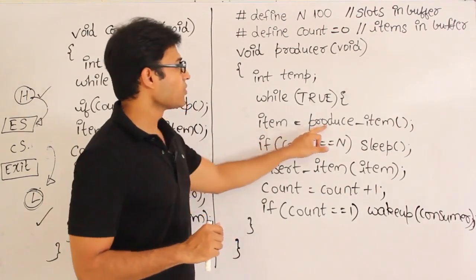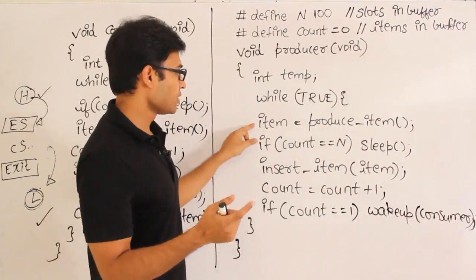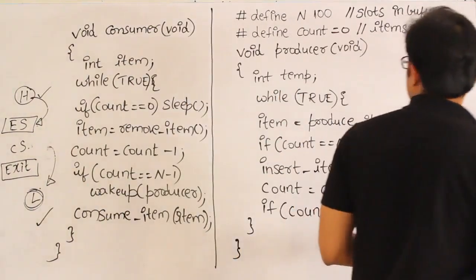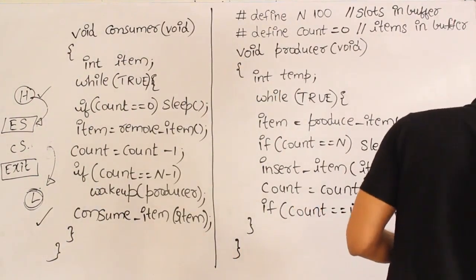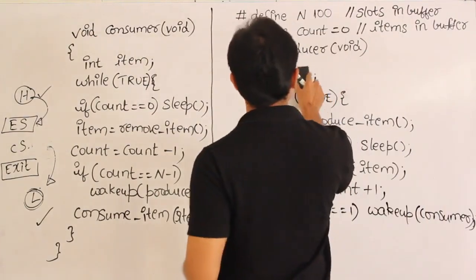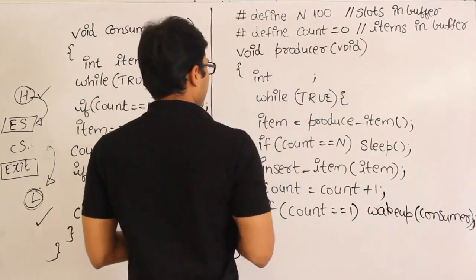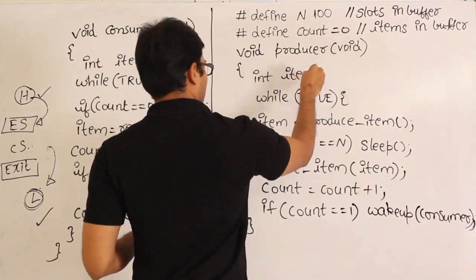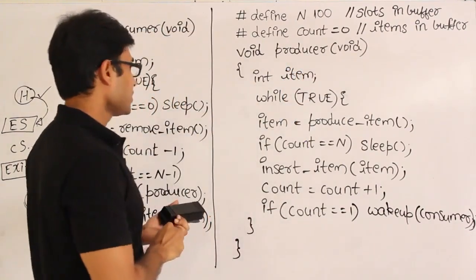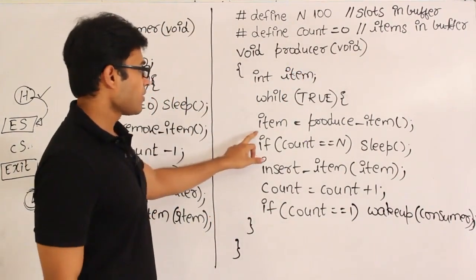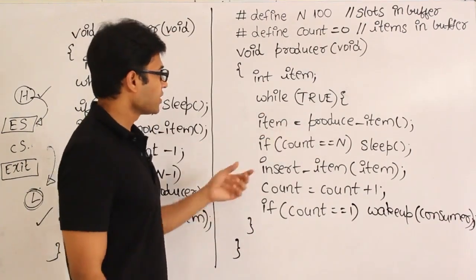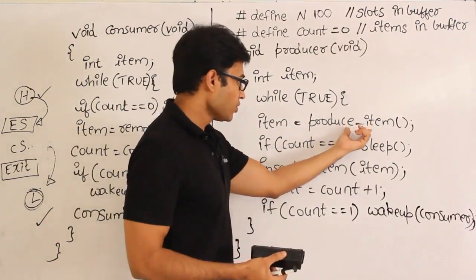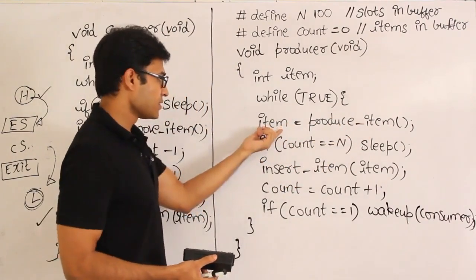Now item = produce_item, instead of temp, I could use item here. So item is a temporary variable, and now the producer is going to produce an item. How this produce item gets produced is irrelevant. It is able to produce some item, and that is going to be placed in item.